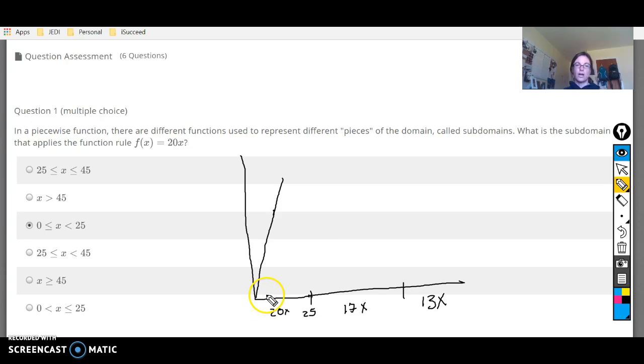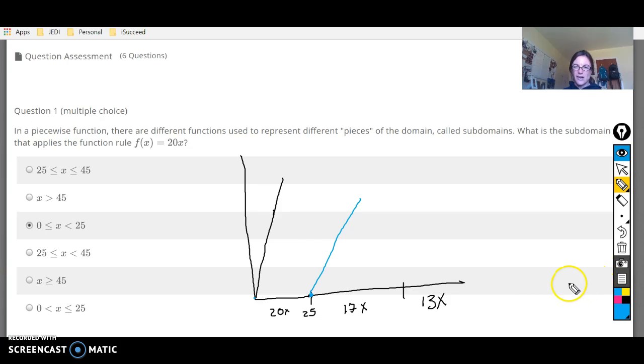It's going to look like this, assuming a minimum of 25, and it's going to be less steep.